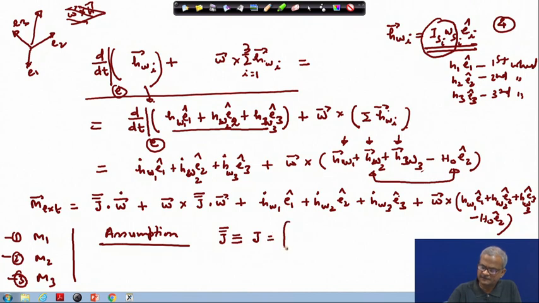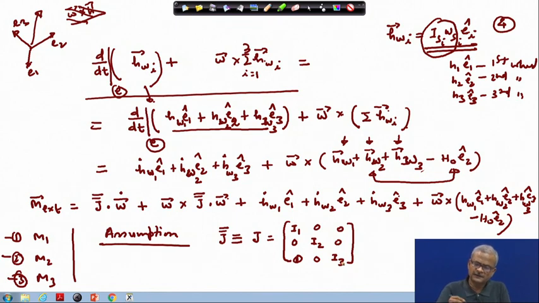This we will write as I 1, I 2, I 3, assuming that the other terms are 0, the off diagonal terms are 0, or maybe for better presentation we can keep this as J 1, J 2 and this as J 3, indicating it is a diagonal matrix. Okay.